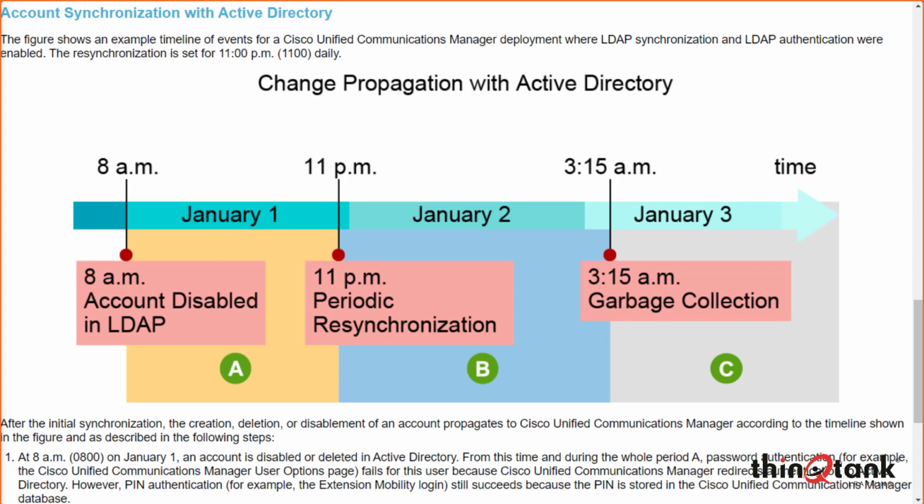In fact, it was marked as inactive at 11 p.m. when the periodic resynchronization took place. So it wouldn't be until the next night on January the 4th that the garbage collection would actually take place and remove that particular account. Okay?